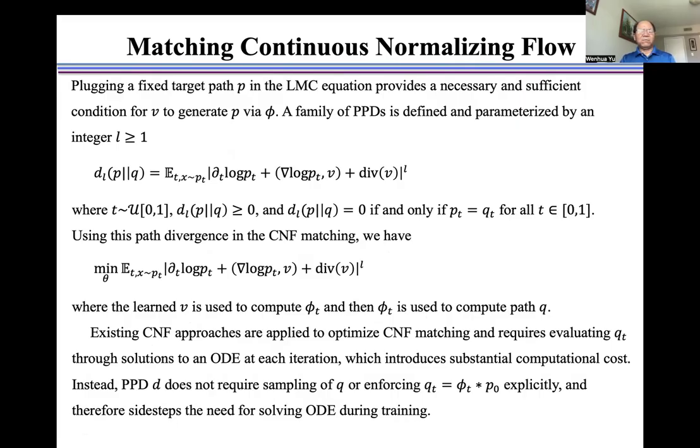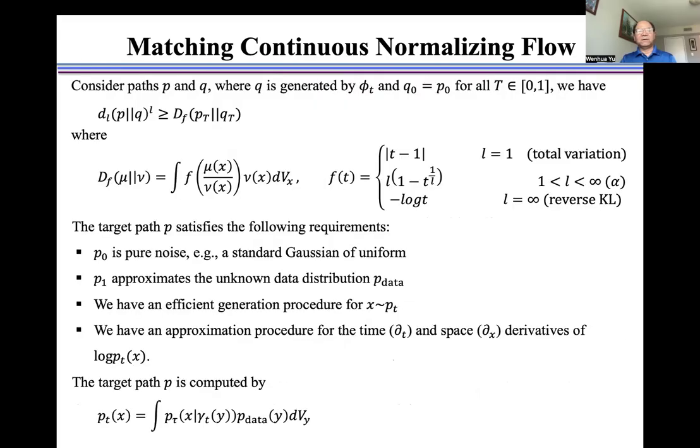Instead, PPD doesn't require sampling of Q or enforcing this equation explicitly, and therefore sidesteps the need for solving the ordinary differential equation during training. Consider paths P and Q, where Q is generated by phi t, and Q0 is the same as P0 for all t between 0 and 1.